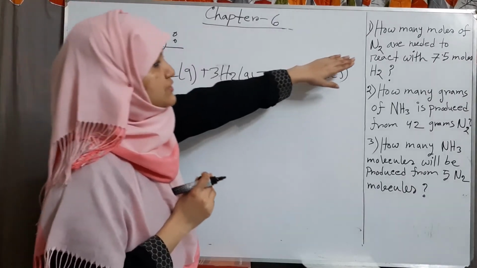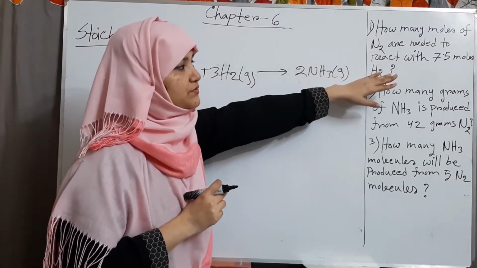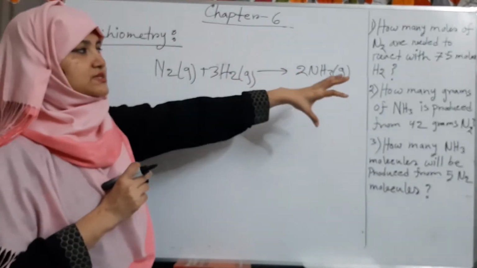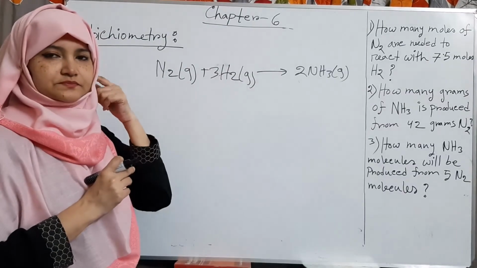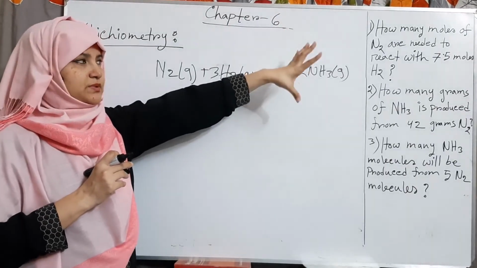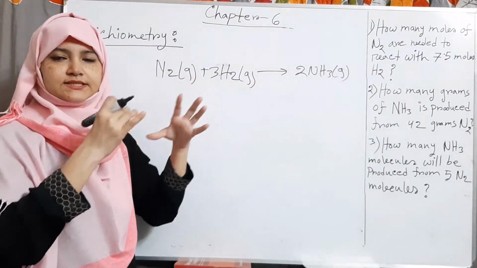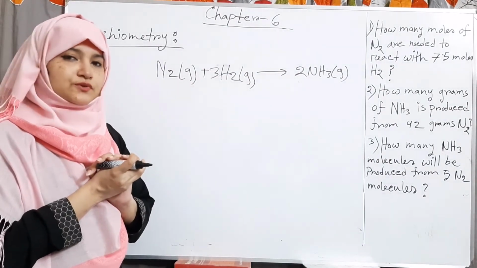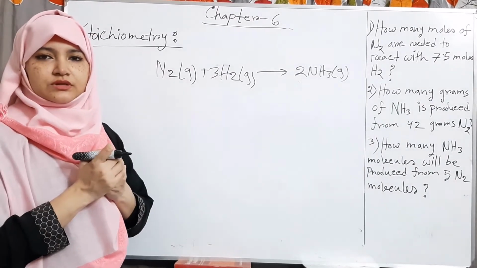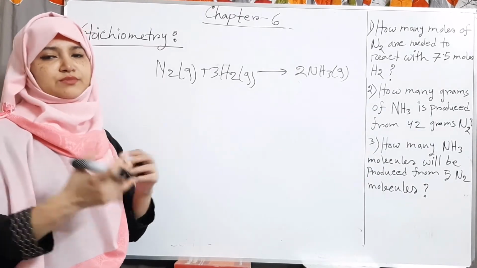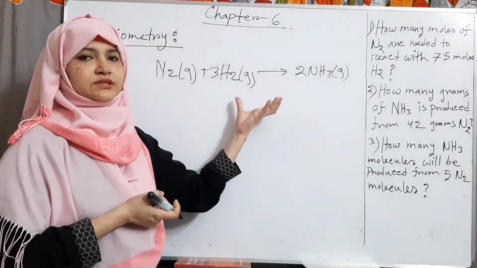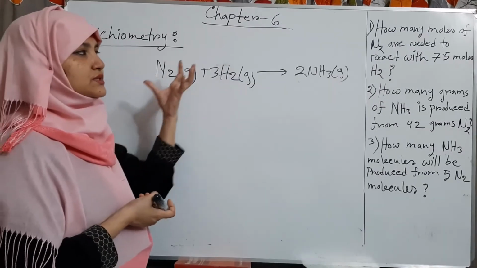How many moles of nitrogen are needed to react with 7.5 moles of hydrogen? Most problems related to this stoichiometry we can solve in mainly 2 ways: using mole calculation, or gram calculation. We can convert mole into gram at first, then calculate, and also we can calculate using the mole.